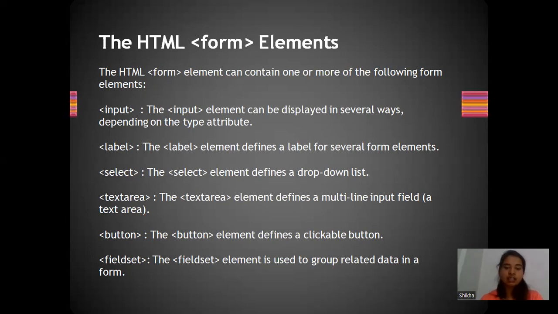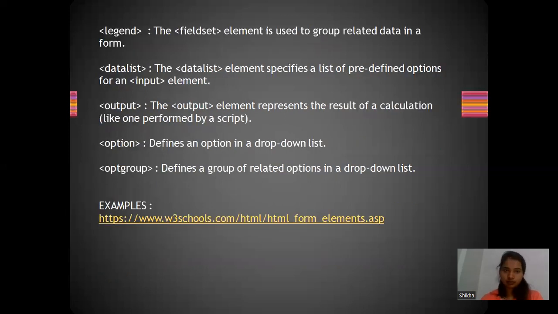Now button: the button element defines a clickable button, so that we can click and submit. Now the fieldset element is used to group related data in the form. The legend defines a caption for the fieldset. The datalist element specifies a list of predefined options for an input element.